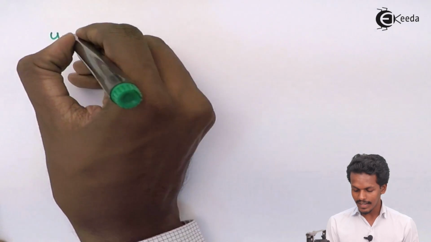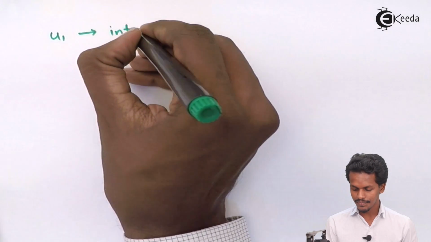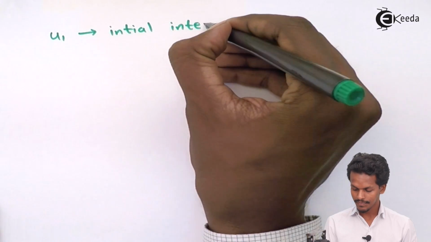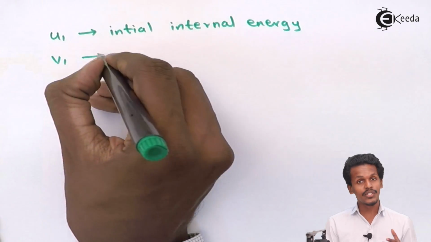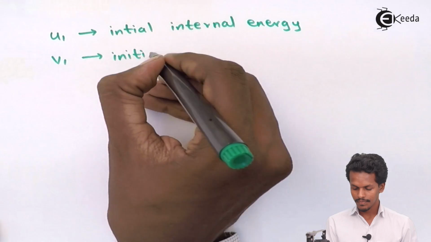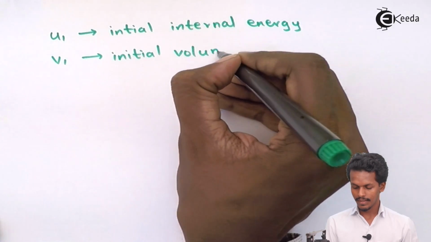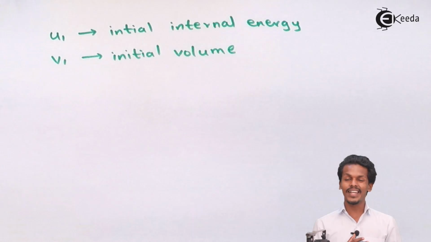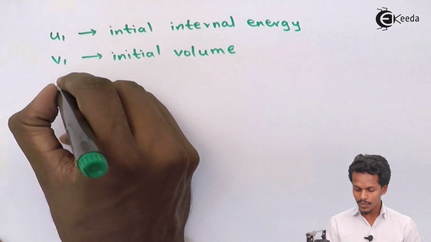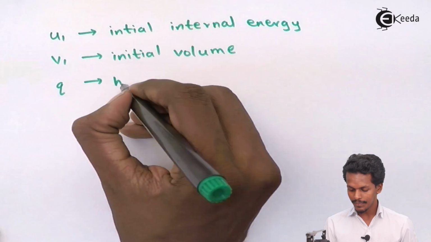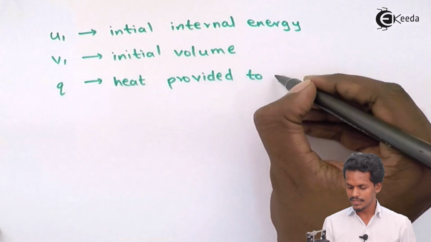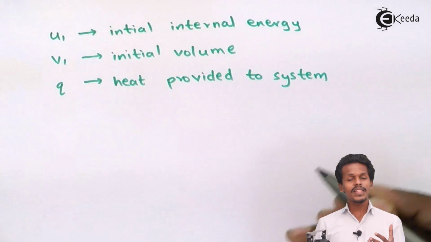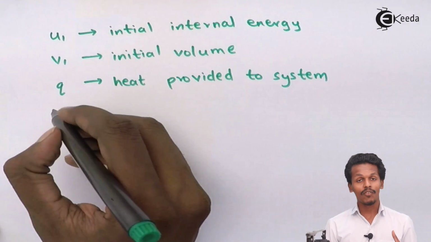So in this case, what we have mentioned is that U1 is nothing but the initial internal energy, while V1 is the initial volume, and Q is the amount of heat that we have provided to the system. So Q is the heat provided to the system. After this process, what we have observed is that there will be a change in volume.